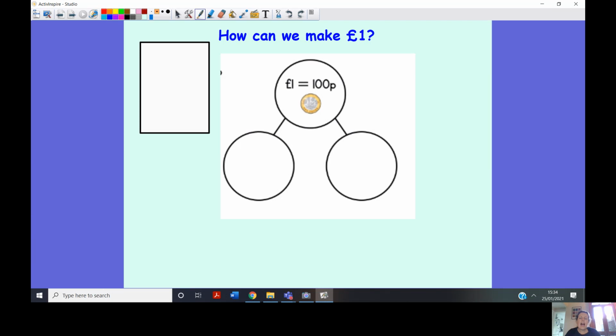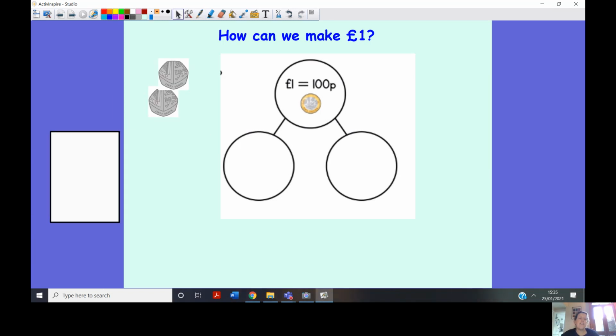So, how can we make £1? Well, we've already talked about how we can make it using 1p coins. So we'd have 100 1-pence coins. But what other ways can we make £1? Have a think. I'm going to take you to the next easiest way of making £1, which is using a 50p coin.